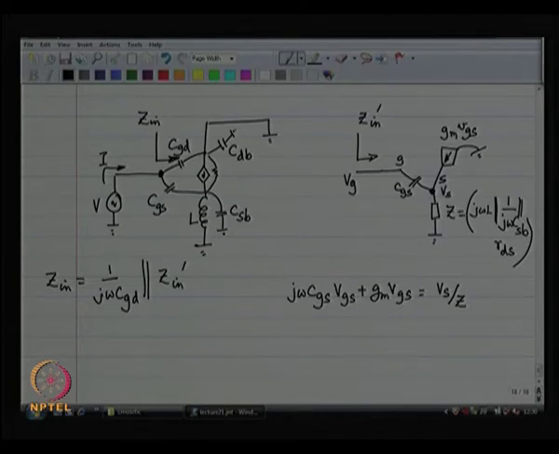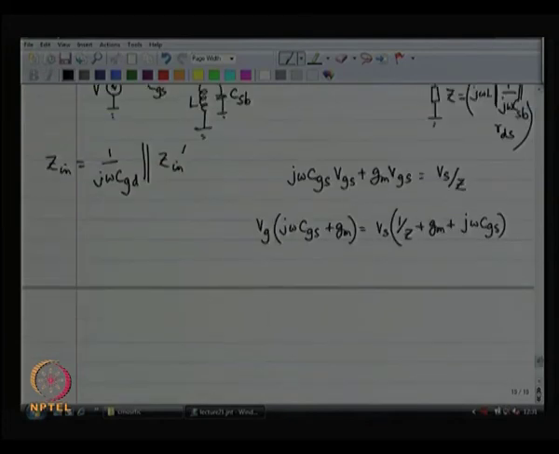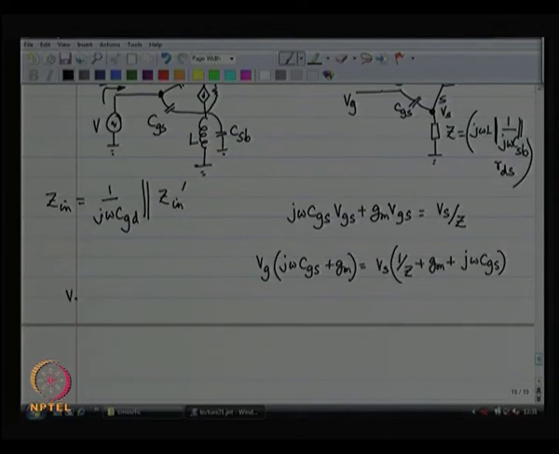So, you put all the Vs's together, all the Vg's together. So, you have got Vg times (j omega CGS plus Gm) is equal to Vs times (1 by Z plus Gm plus j omega CGS), and as a result Vs is Vg times (j omega CGS plus Gm) divided by (j omega CGS plus Gm plus 1 by Z).